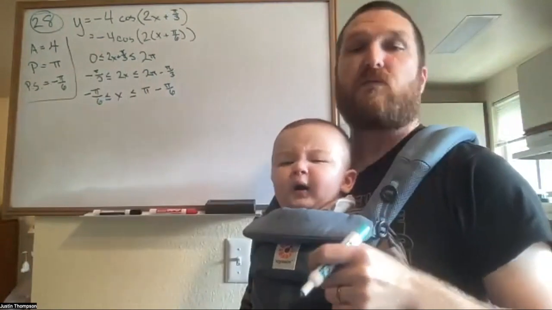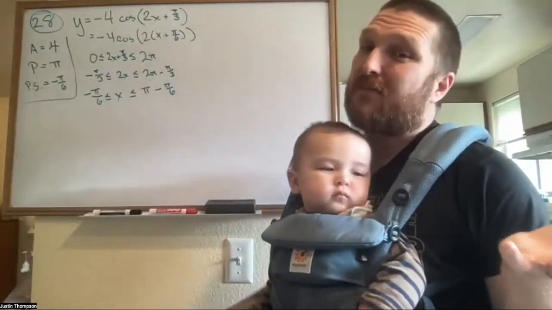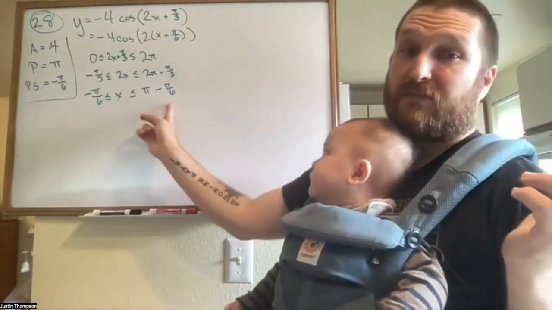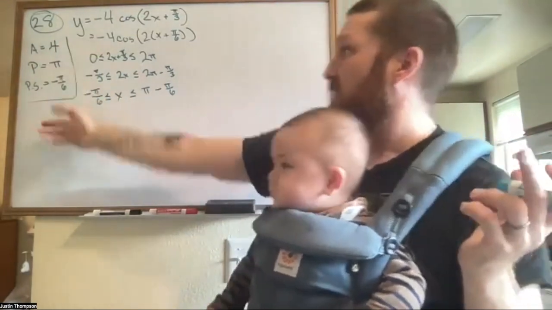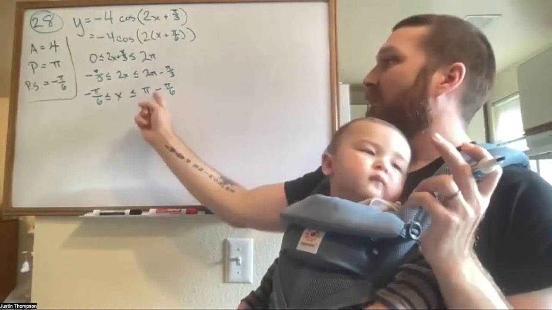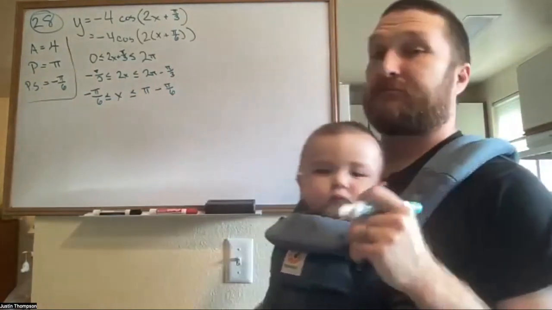If the question's telling you to do this, this might be a good method, because when you get down to here, if you've left it like this, there's your answer. The first thing right here is your new period, and then whatever that is with its sign included is the phase shift.